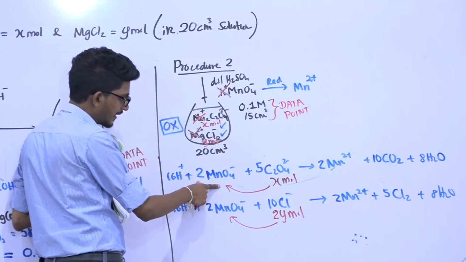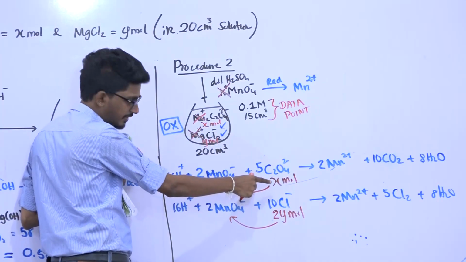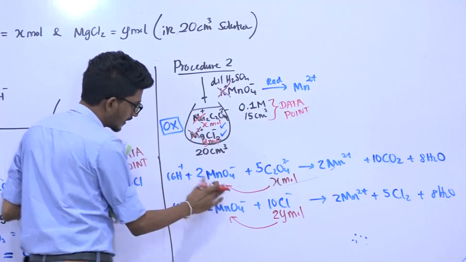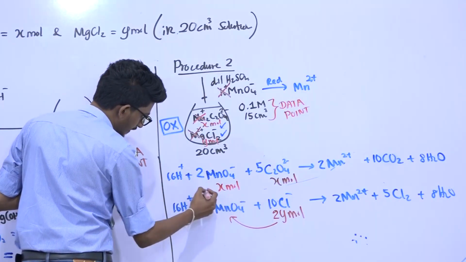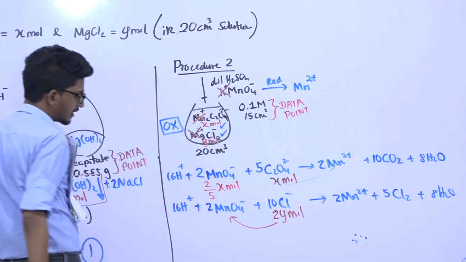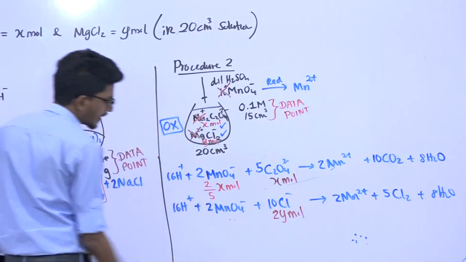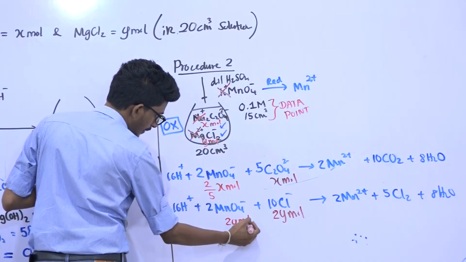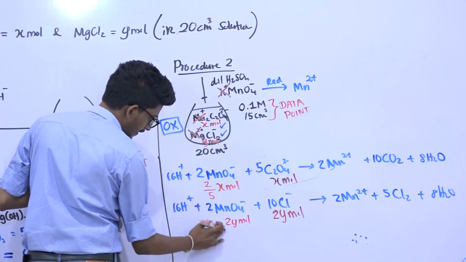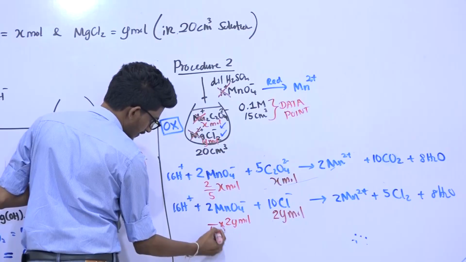We learned that x moles represents 5 portions. We need such 2 portions. So this value is x moles for 5 portions divided by 5, such 2 is needed. This value, 2y moles, is for 10 portions, and we need such 2 portions.